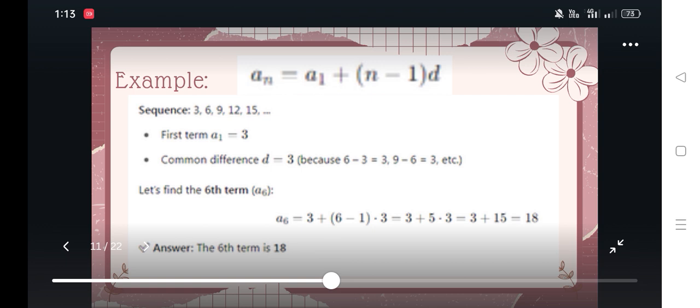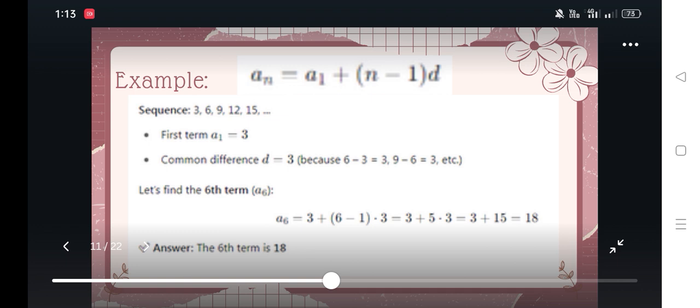So 3 plus n, which is 6 since 6th term man ang gipangita, minus 1, dayon times 3, since ang ato ang common difference is 3. Multiply by 3. So is equal to 3, first term again.